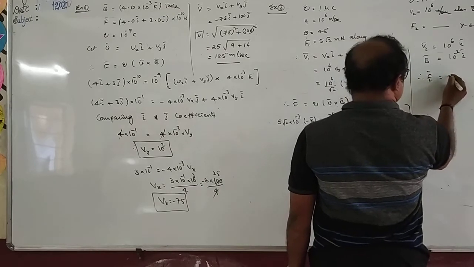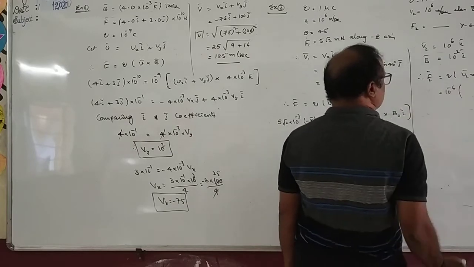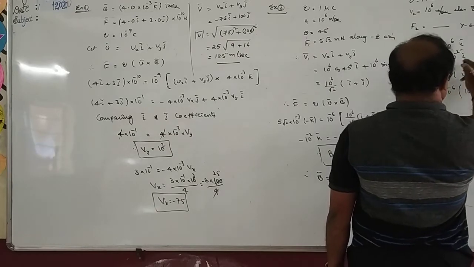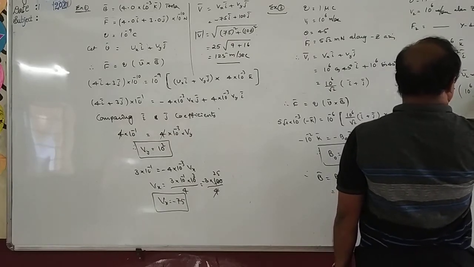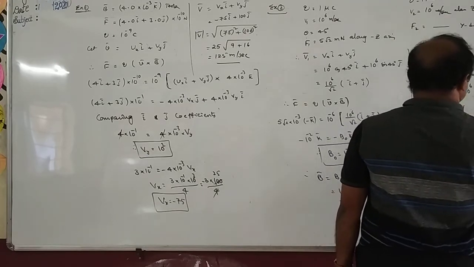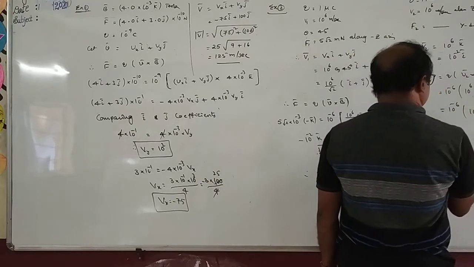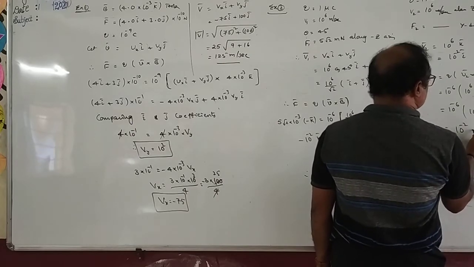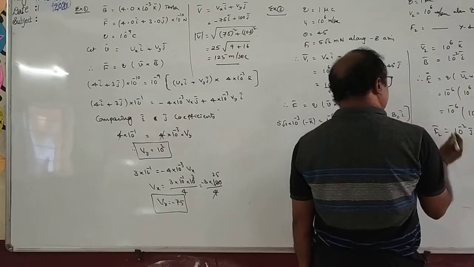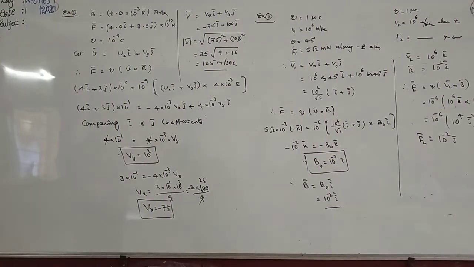Therefore F2 bar is equal to Q into V2 bar cross B bar, which is 10 power minus 6 into (10 power 6 into k bar cross 10 power minus 2 into i bar). That is 10 power minus 6 into k bar cross i bar, which is j bar, giving 10 power 4 into j bar times 10 power minus 6, that is 10 power minus 2 j bar. That means the force acting on the charged particle is 10 power minus 2 newtons along the y-axis.